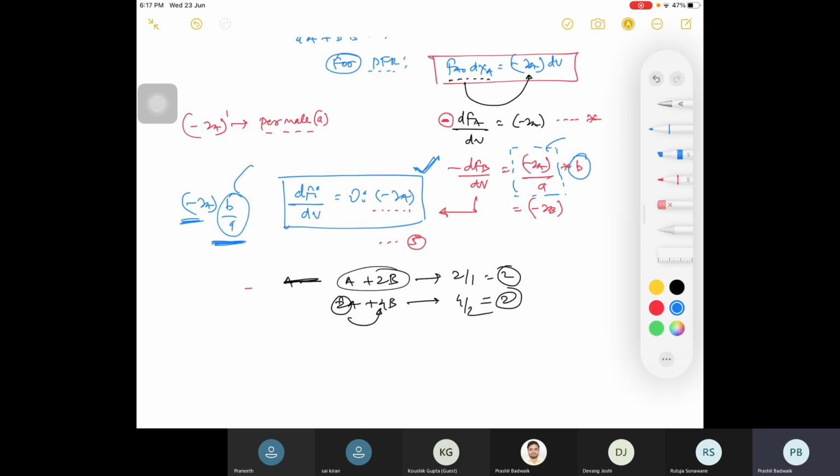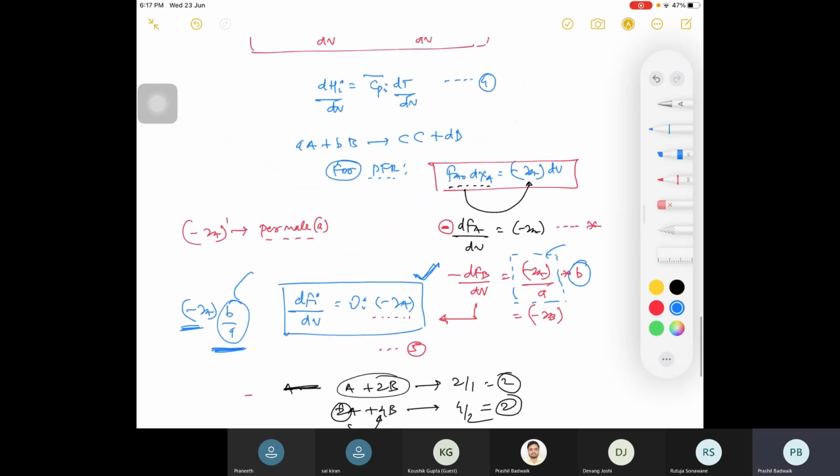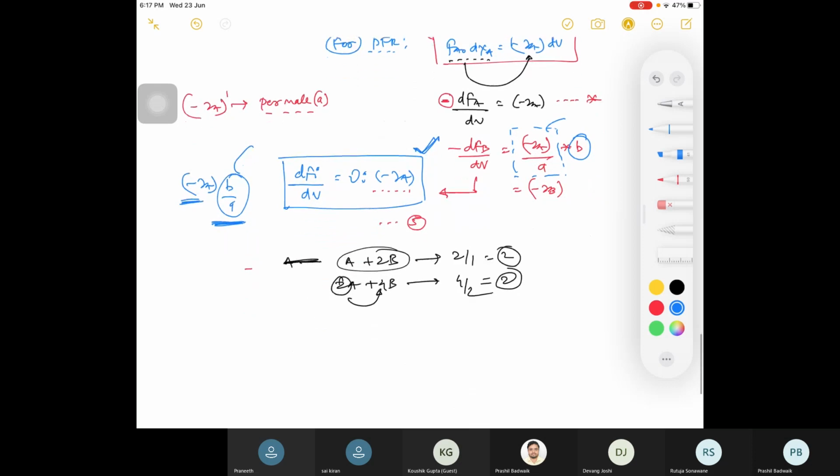Then you replace, this is done. What was your final equation then? This is your minus summation Fi Cpi mean dT by dV minus summation of hi nu i, and it is minus Ra is equal to 0.